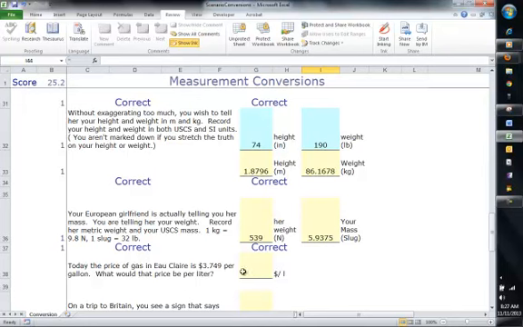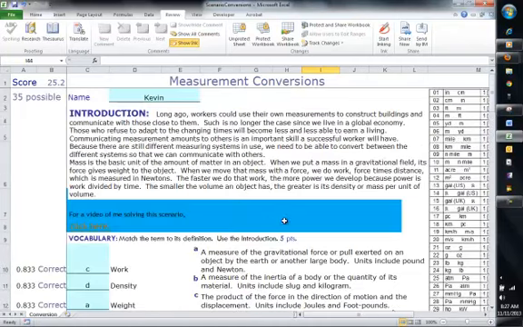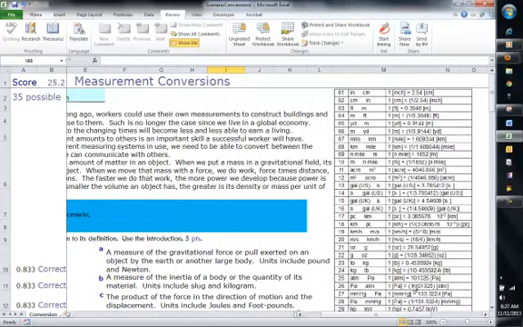All right. Today, the price of gas in Eau Claire is $3.749 per gallon. What would it be per liter? Well, let's look at the conversion chart, and it says here gallons to liters is 3.785412.